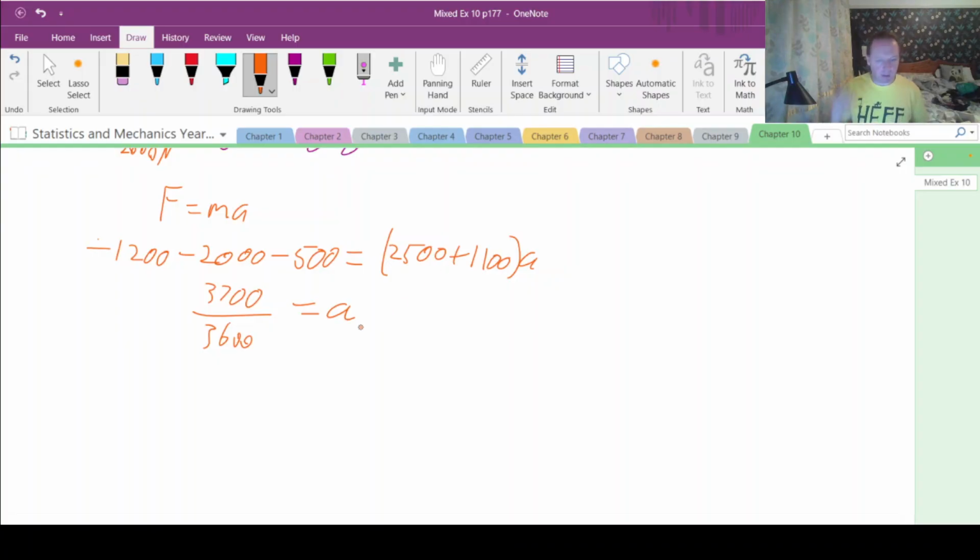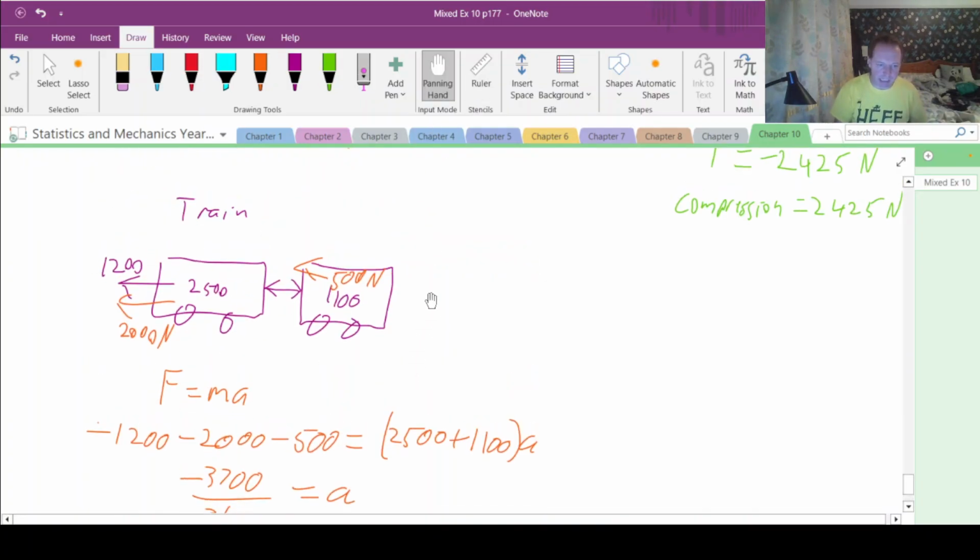So 37 divided by 36 is 1.02. I've lost my minus there. Minus 1.0277 is equal to the acceleration. So the whole thing is slowing down like that.